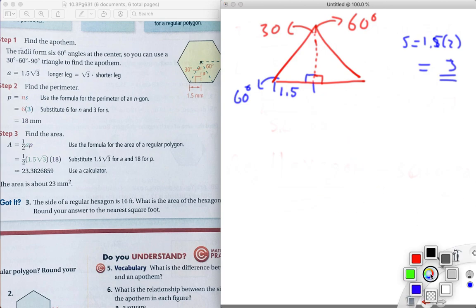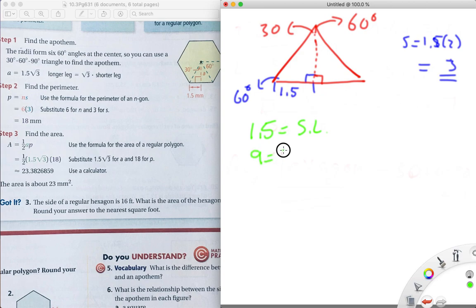I also know from my 30, 60, 90 triangle that this 1.5 is the shorter leg. The apothem in this case will be the longer leg of this 30, 60, 90, and I know that the longer leg is equal to the shorter leg times the square root of 3.